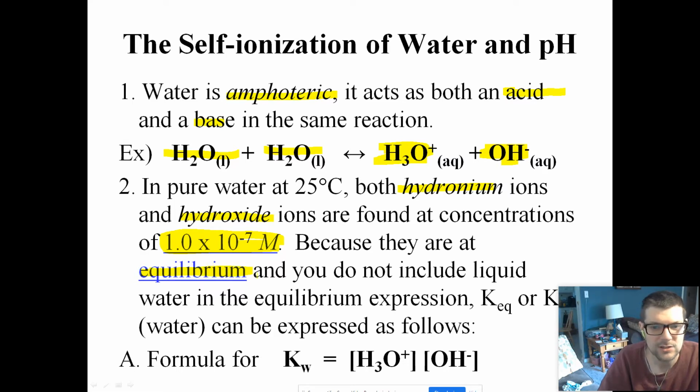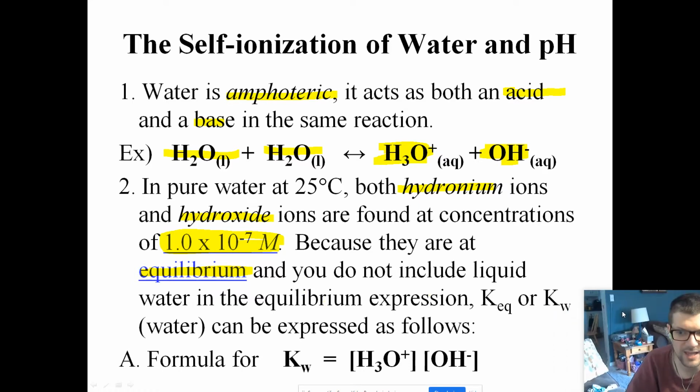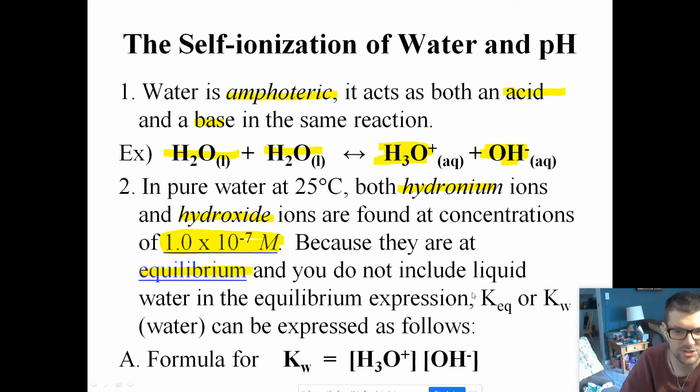And we're not going to include water when we talk about this equilibrium expression. What we end up with is this nice little equation where the concentration of these is simply this. Okay, and we're going to show you a little bit more about that.